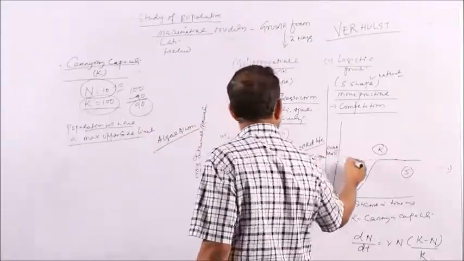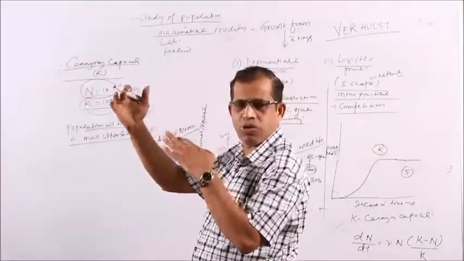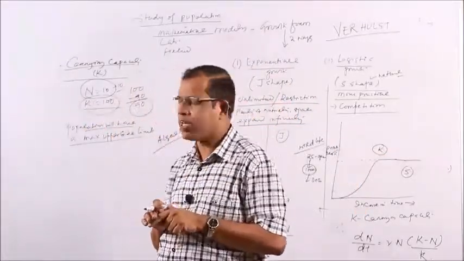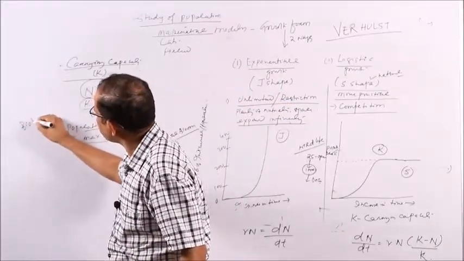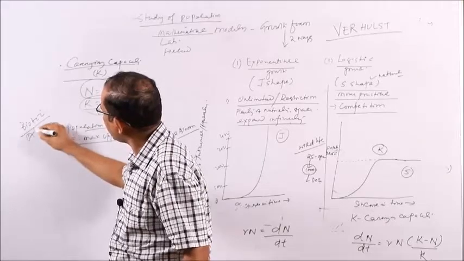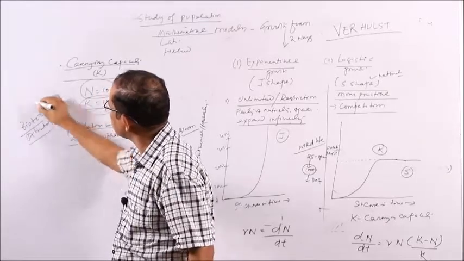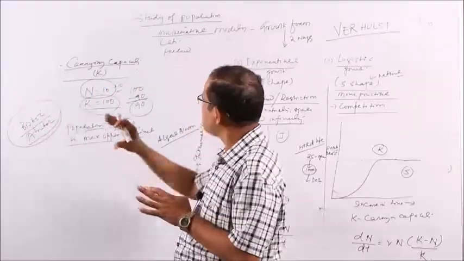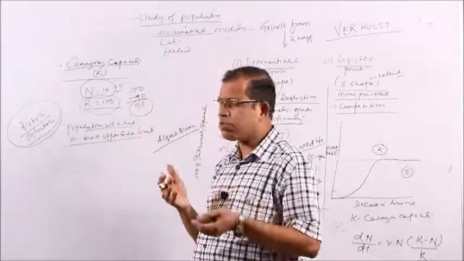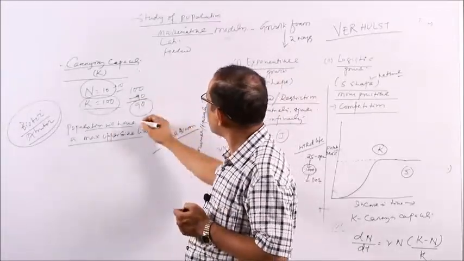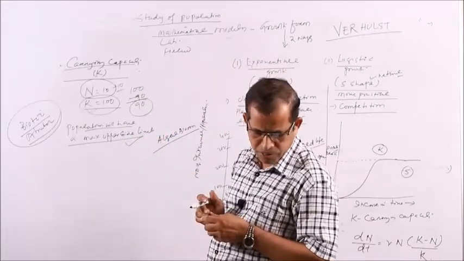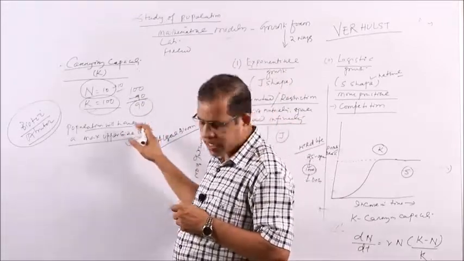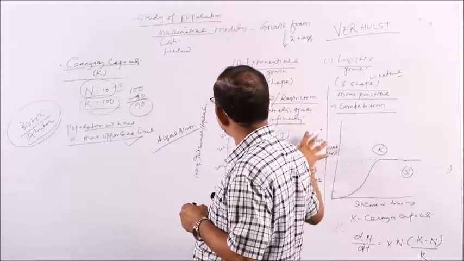Beyond that, it will be difficult for the population. It is the biotic and abiotic factors that interact to decide that maximum limit, and that is called the carrying capacity.